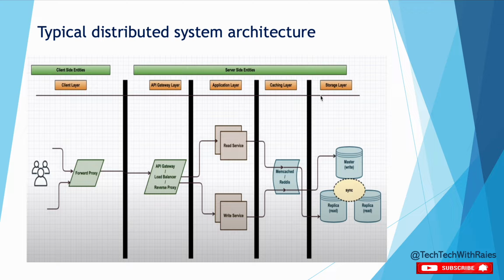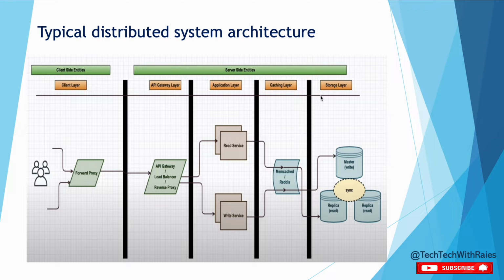In this slide, let us try to understand the typical distributed system architecture. In a typical distributed system architecture, there are two parties, the client side and the server side. On the client side, there is one client layer, and on the server side, there are three to four layers. The client initiates the request, which can make use of a forward proxy as well. On the server side, the first layer is the API gateway layer.